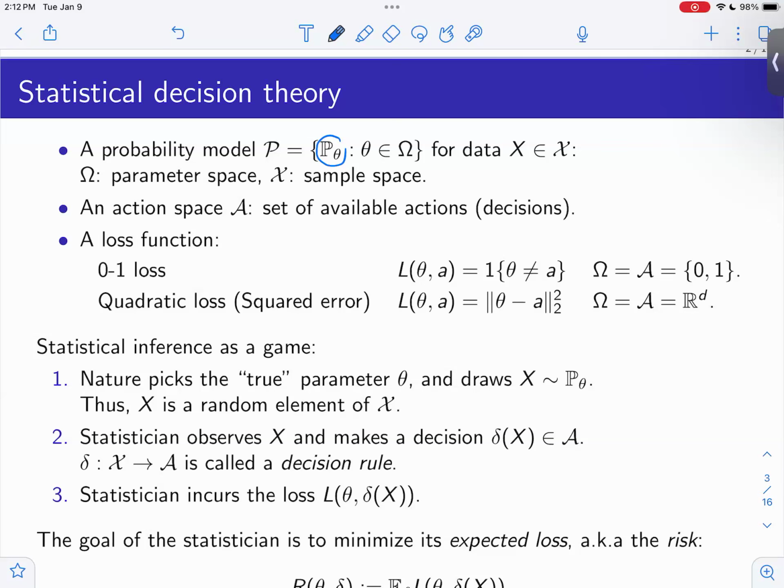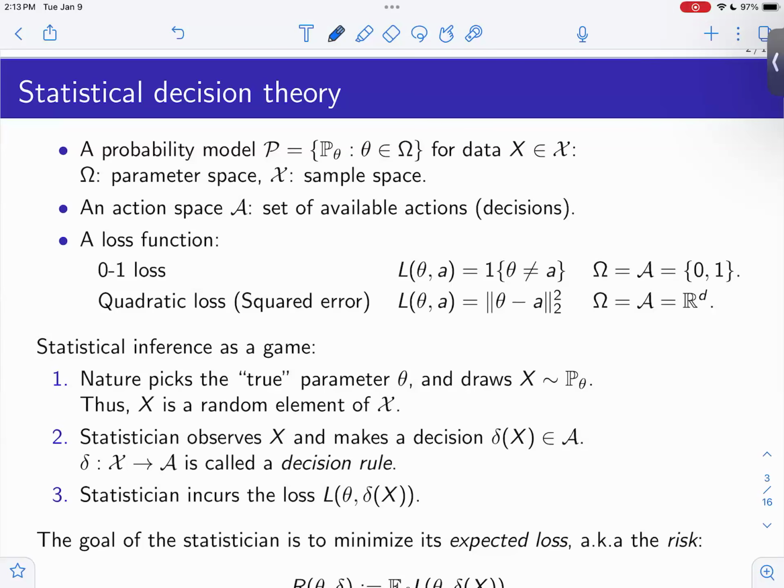In contrast to the usual setting of probability theory, statisticians don't work with a single probability measure, or a single probability distribution. There is a collection. These are supposed to model the data generation process. So you assume that the data is drawn from one of these probability distributions. We don't know which one, and we want to decide which one. So you start with a family of probability distributions.